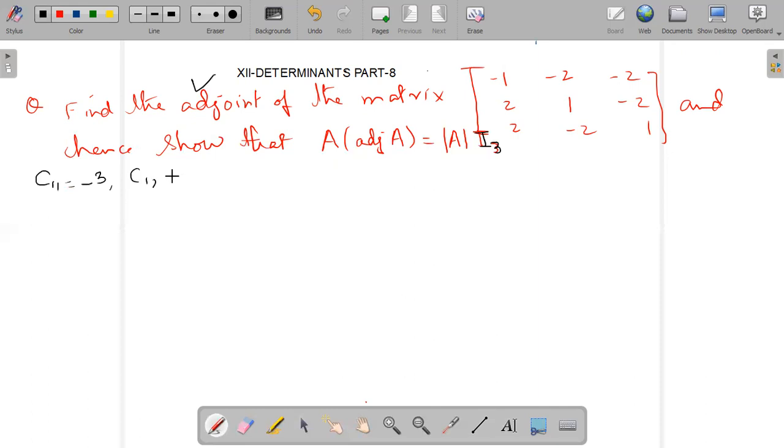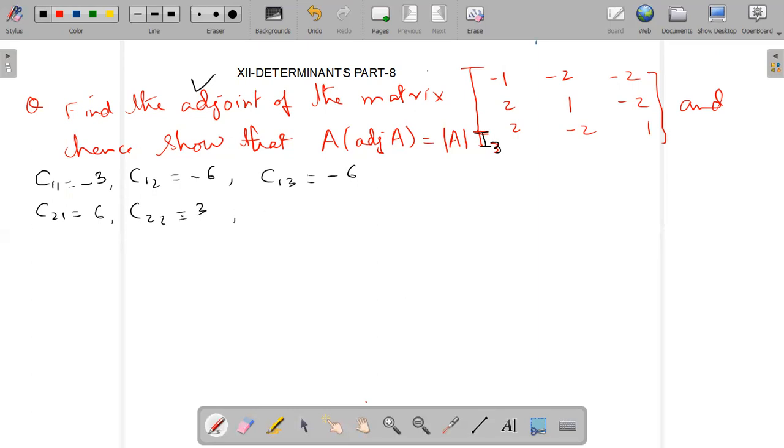Now I'll write direct values. You know how to find it from the previous question. You can follow the previous question because we have less time. So -6, and C13 will come like this. Then C21 will be 6.